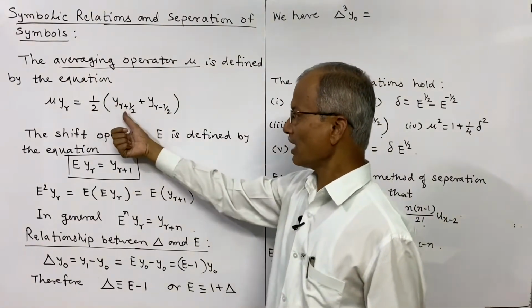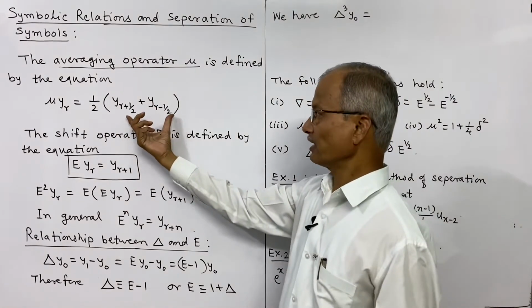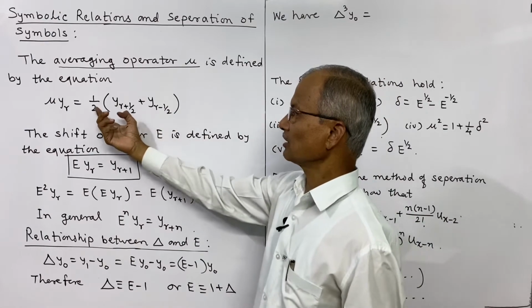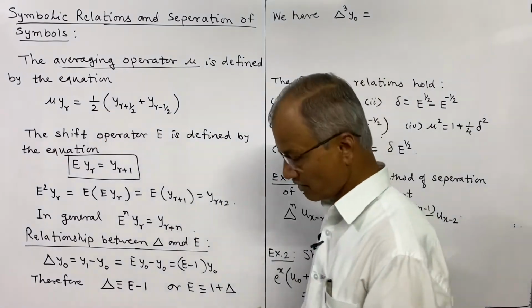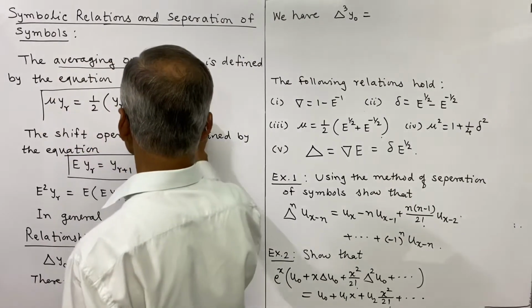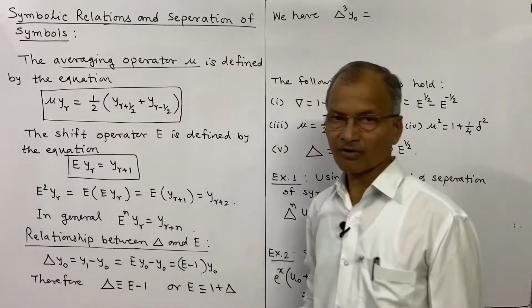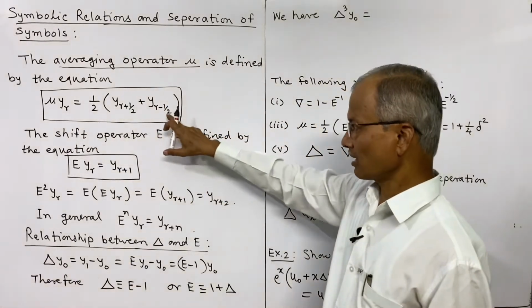The average of y r plus half and y r minus half is taken, so it is mu of yr. We should remember this as the definition for mu.